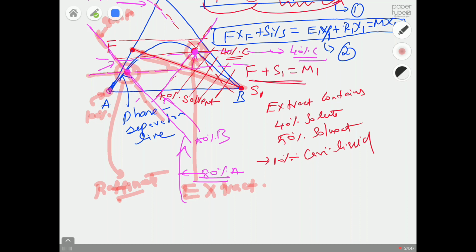That line will be roughly, let's call it, 20% of C, for example. So from that we can calculate our raffinate point. Maybe let me draw it in the next page to make it clear.